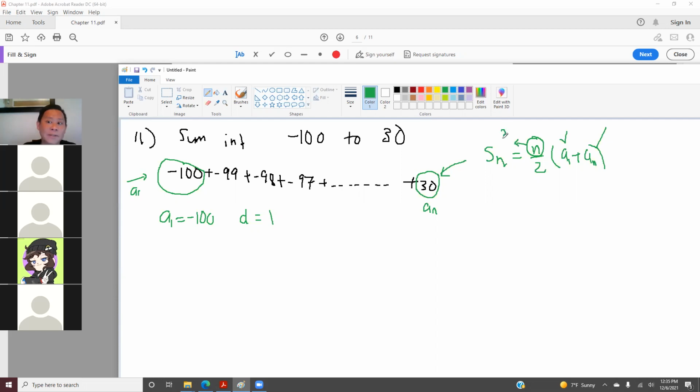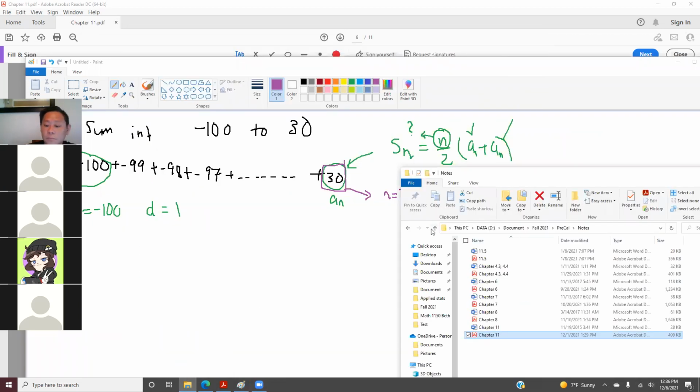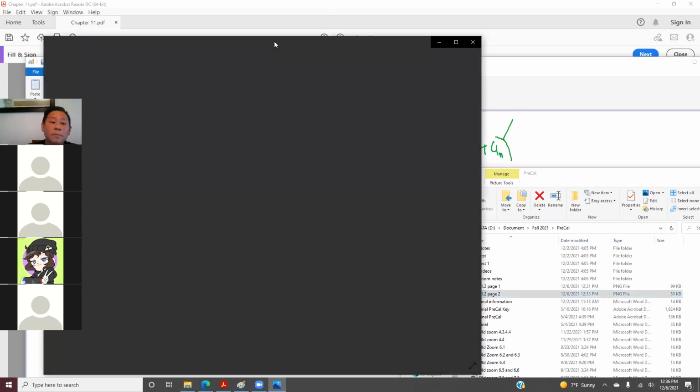This question is very similar to number 10. I want you guys to figure out what your n is in this case, what the position of it is.